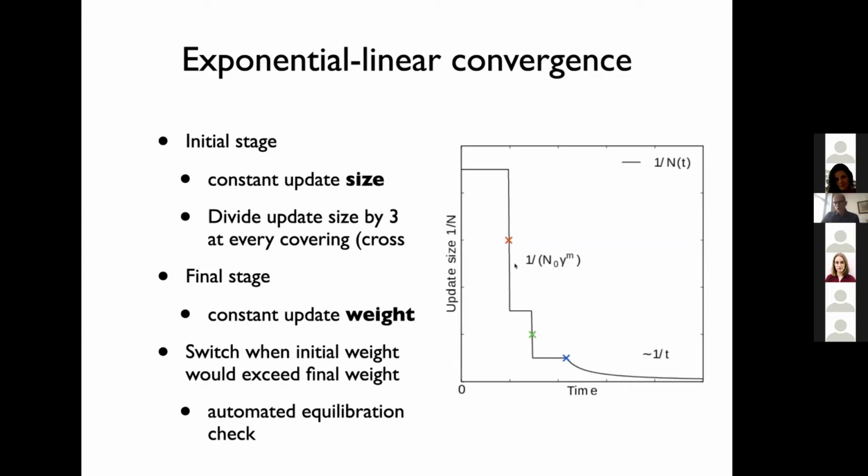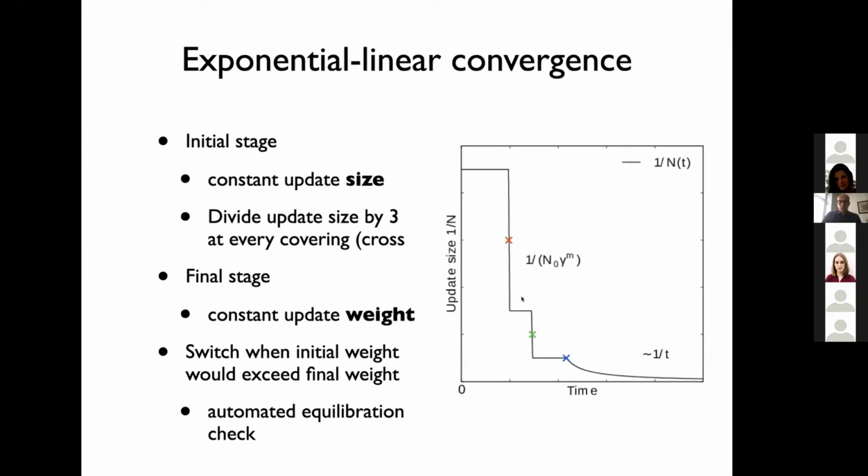So even if the errors initially are 10 kT or 20 kT, 20 thermal units, you can very quickly correct for those errors and build up an initial bias which is quite good. And then after that, the weight goes down as 1 over time, 1 over the number of samples, as you would expect according to statistical mechanics.